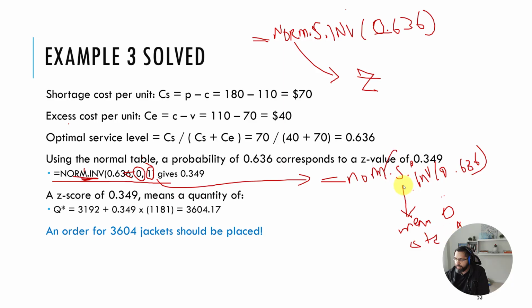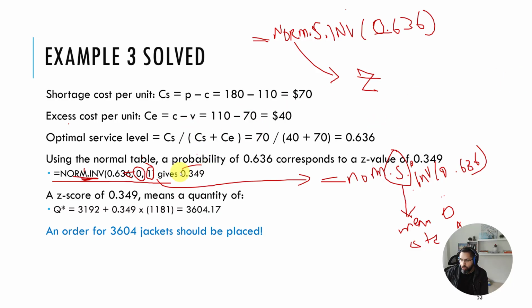That's what the S actually means. So these two are the exact same formula. In old Excel, there used to be only NORM.INV, so we would do NORM.INV with mean 0, standard deviation 1. But then Excel added NORM.S.INV, and now we can just do that instead of having to pass in the 0 and 1.